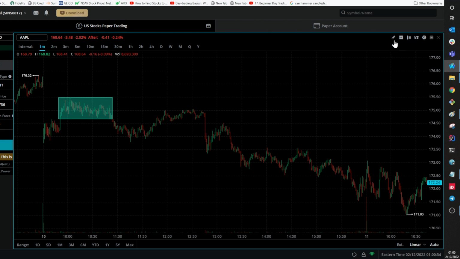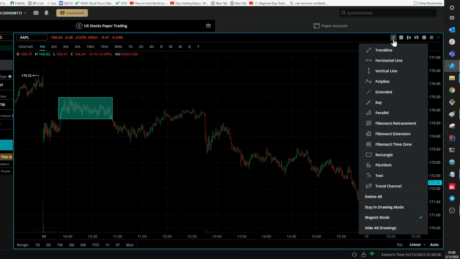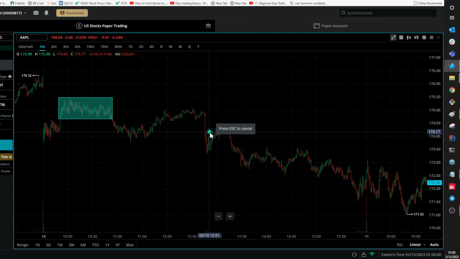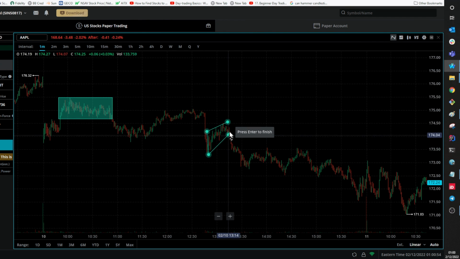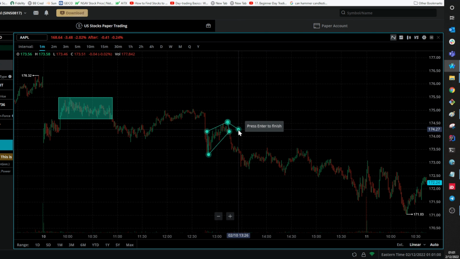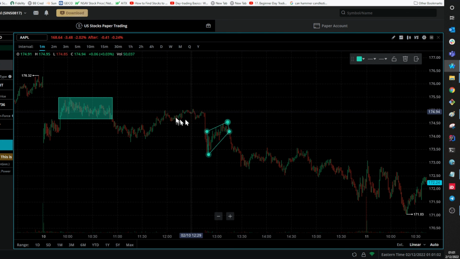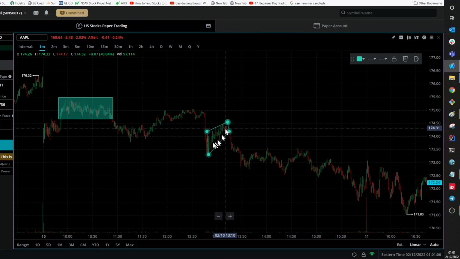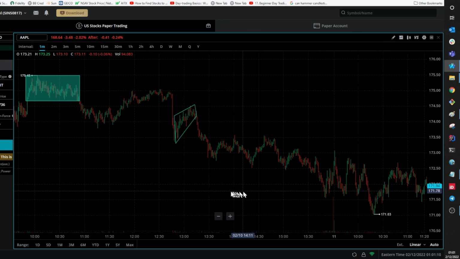You might get away with saying this is a flag pattern. It's not rectangular, perhaps. So it's descending, the temporary break in the contrary direction, and then descending again.